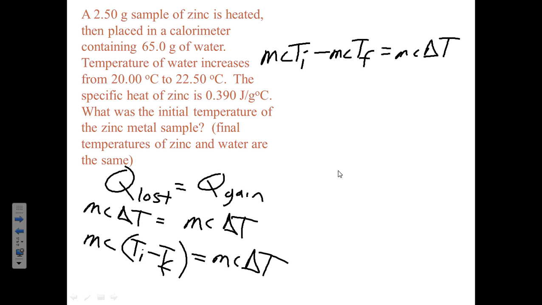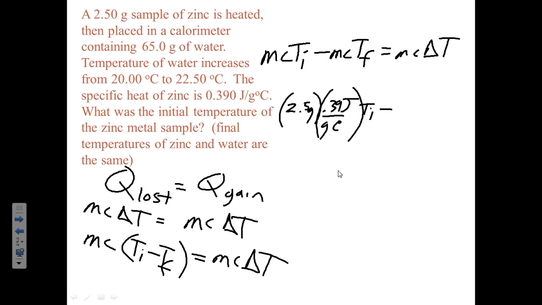Oh, okay, we have everything in grams, right? But our specific heat of water, well, we can change the specific heat of water. We'll work in grams. So let's go 2.5 grams times the specific heat of zinc, 0.39, times Ti. Ti is what we don't know, right?